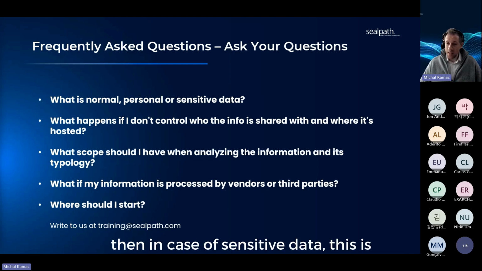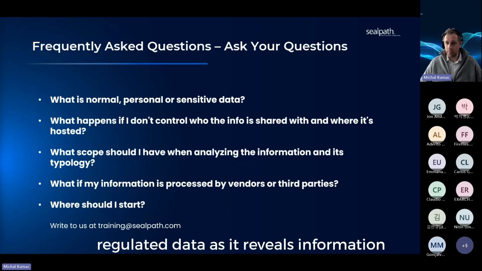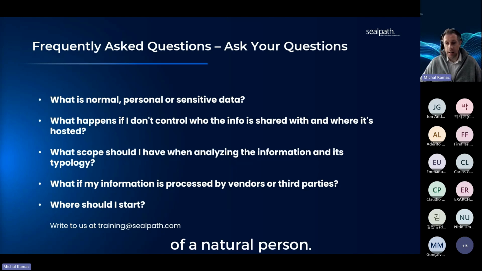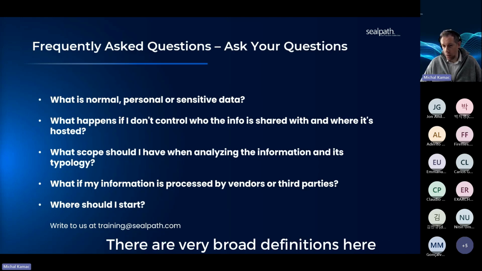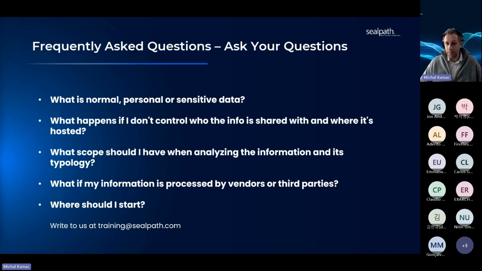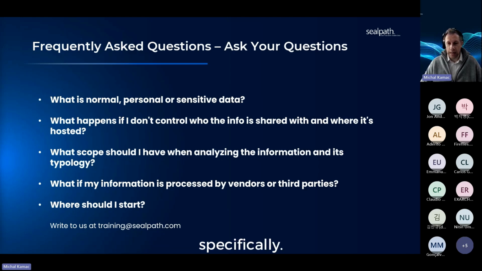Then in case of sensitive data, this is even stricter regulated data, as it reveals information about health, religion, sexual orientation, etc., of a natural person. So generally, they are defined by law. There are very broad definitions here, and they need to be reviewed in every case specifically. Okay.